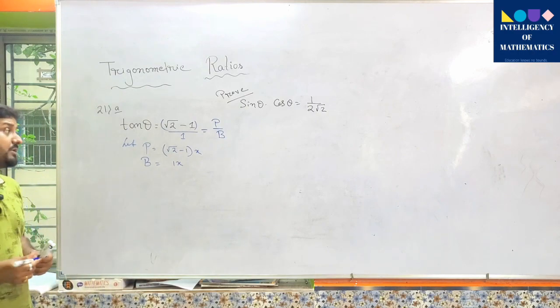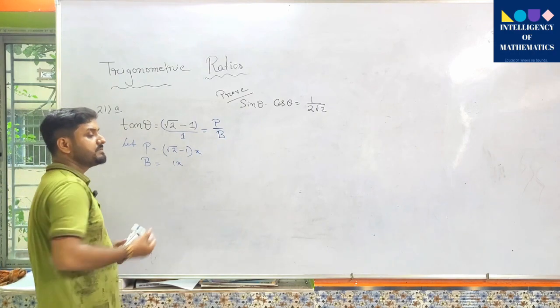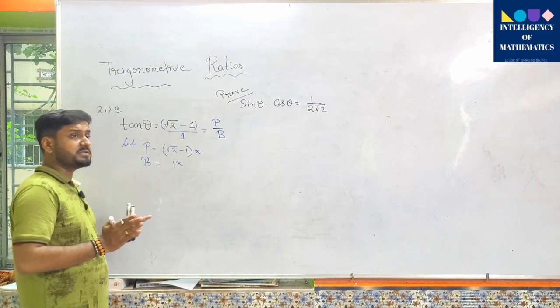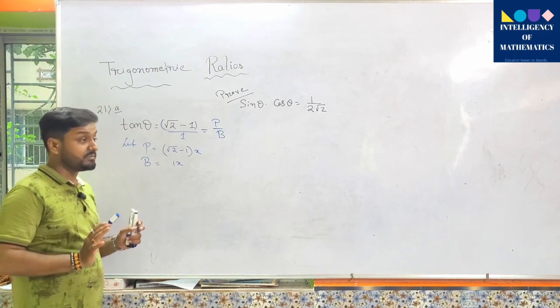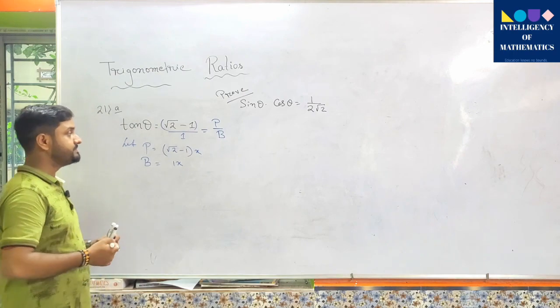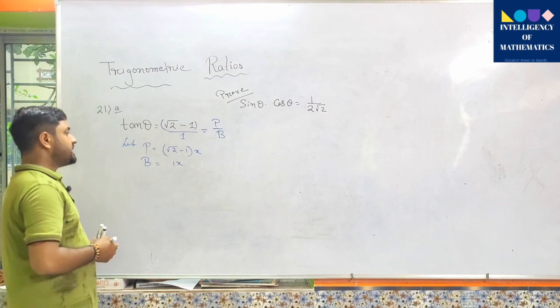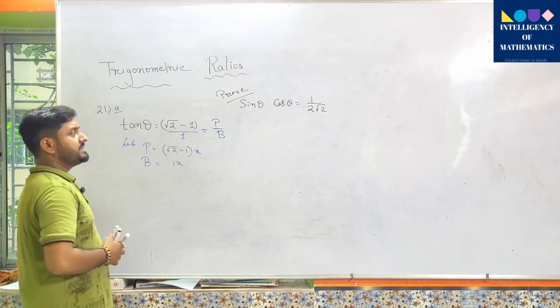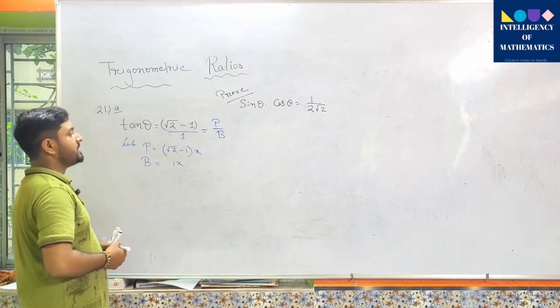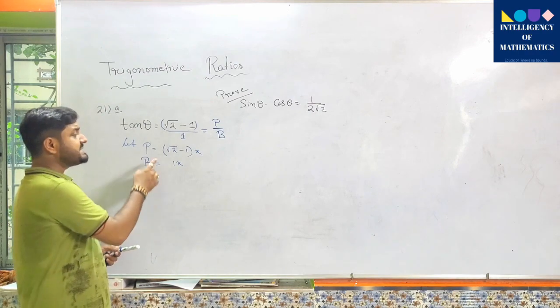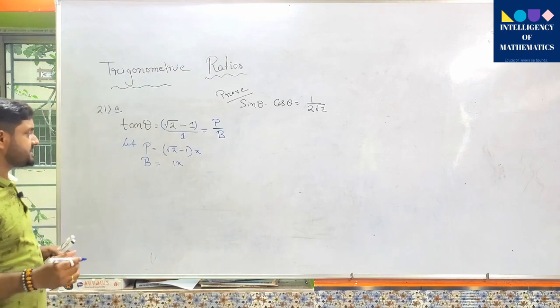Now some books are already doing it without x. My preference, and it is better also and accurate also, that we will take a variable, otherwise a mistake will be there. Before only I told that one, why the x has to be taken, because it is a ratio. Now the missing side here is hypotenuse.